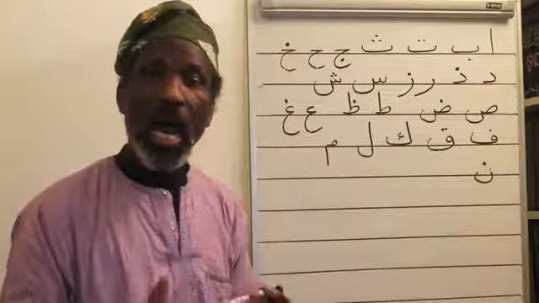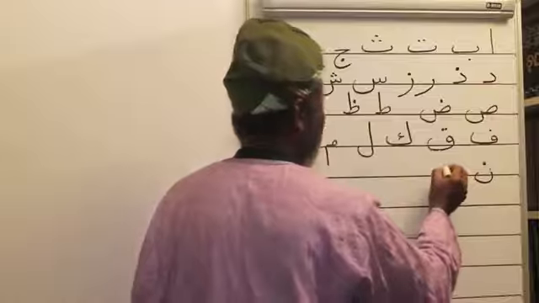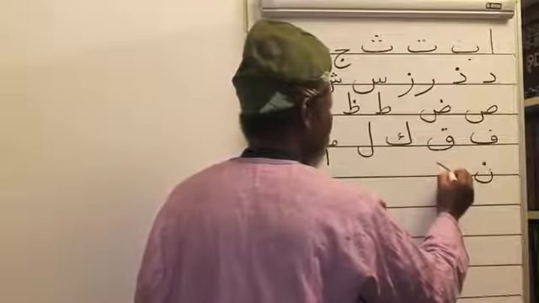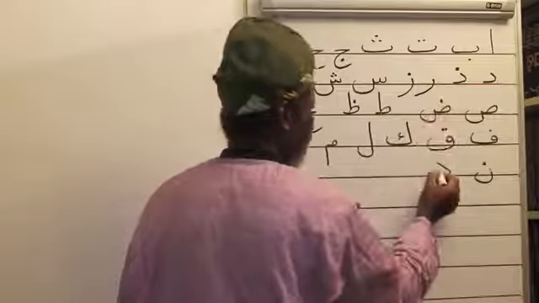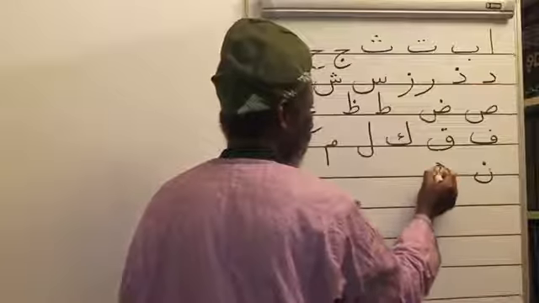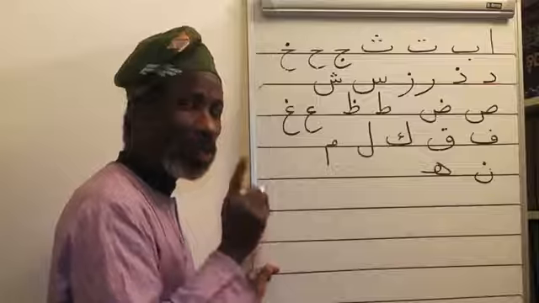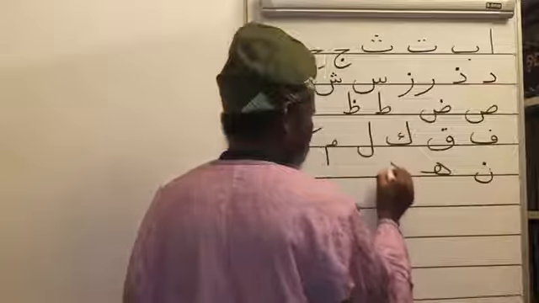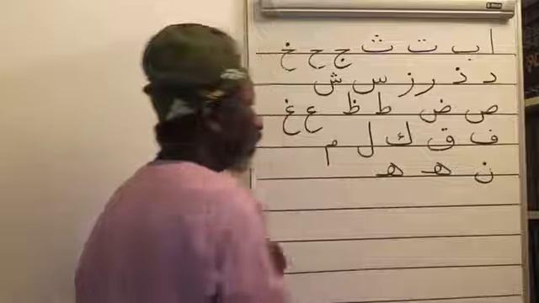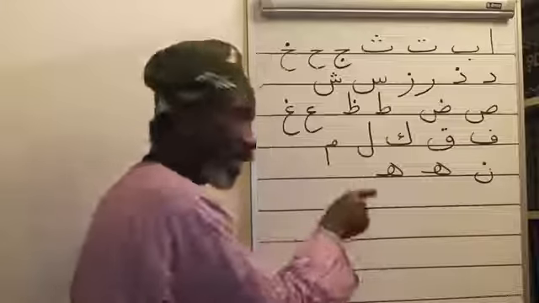Now is Ha. Let's see how we get that Ha. It's like a combination of this Dal, and then you go inside. That's your Ha. In isolated form, you will see that later on.